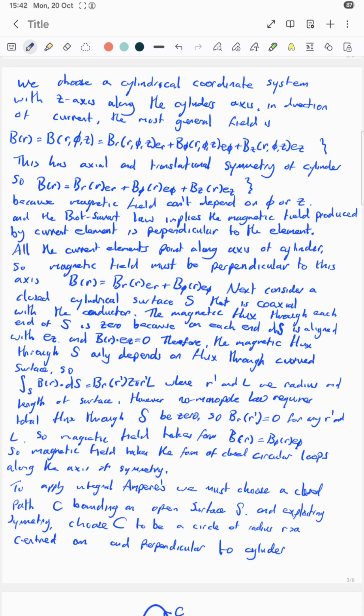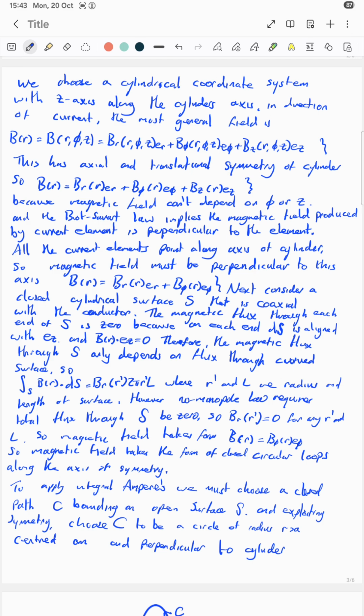All the current elements point along the axis of the cylinder, so the magnetic field must be perpendicular to this axis. It's given here. Next, we consider a closed cylindrical surface S that is coaxial with the conductor.